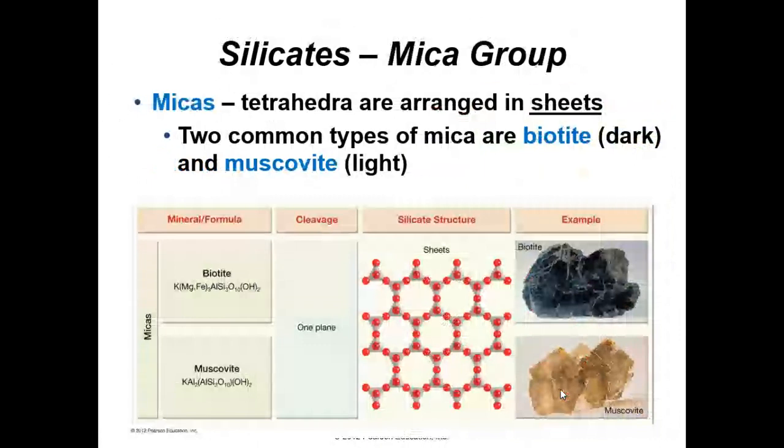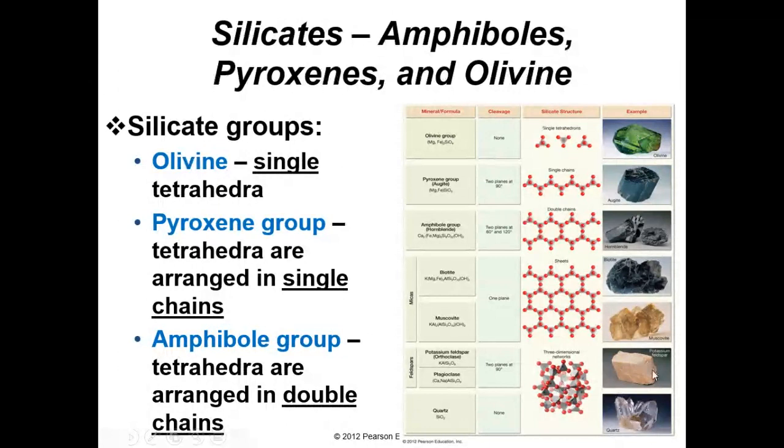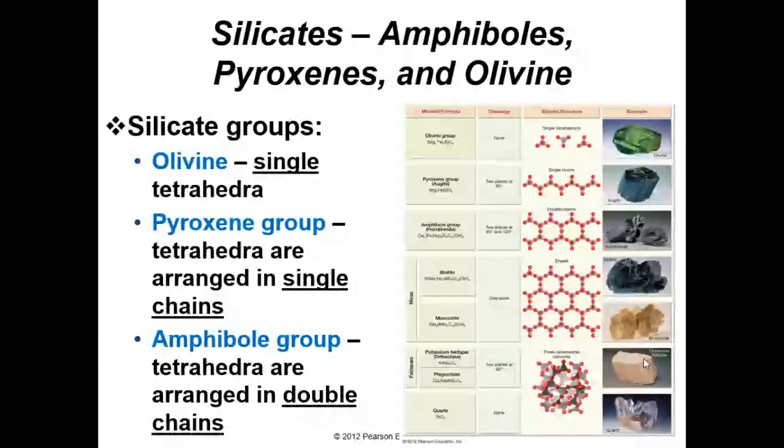I'll cover it in a couple slides, but it's basically a hodgepodge, taking a whole bunch of individual tetrahedra and gluing them together in all sorts of weird shapes. Examples are the mineral quartz and the mineral potassium feldspar, both of which are the most common minerals found in the rock granite.